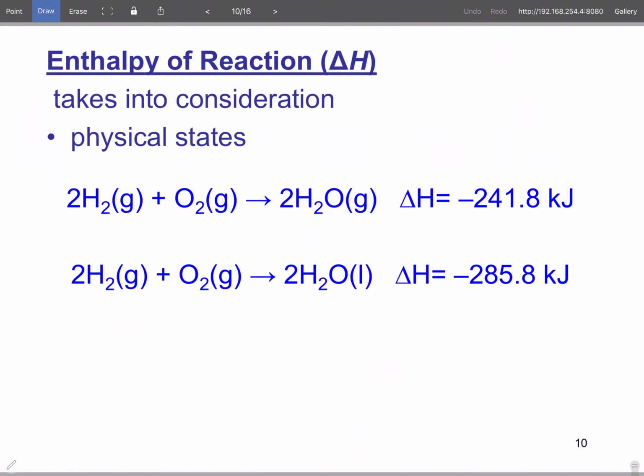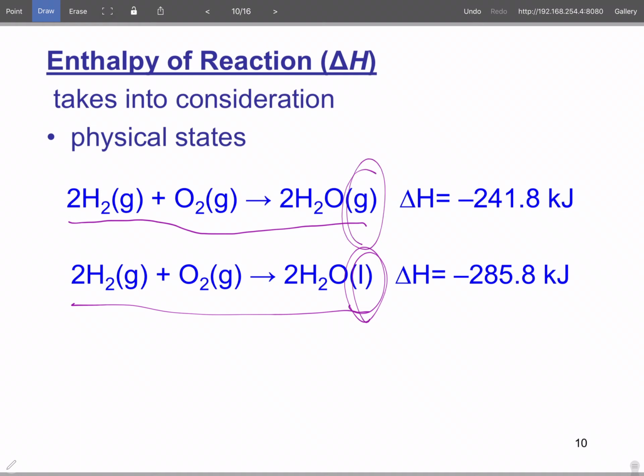Okay? So when we look at reactions, we've got to take a couple of things into consideration, and we're going to break these up and look at them individually. The first thing we're going to look at is the physical states. You're like, oh, we have the exact same reaction: hydrogen plus oxygen makes water. But the difference is that this one's liquid and this one's gas.